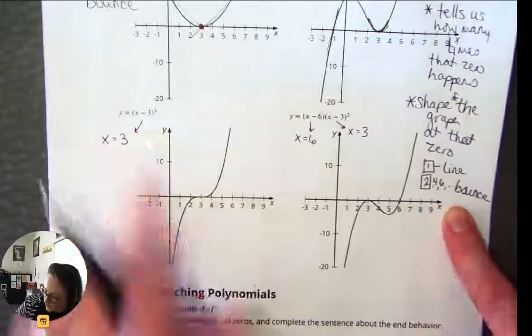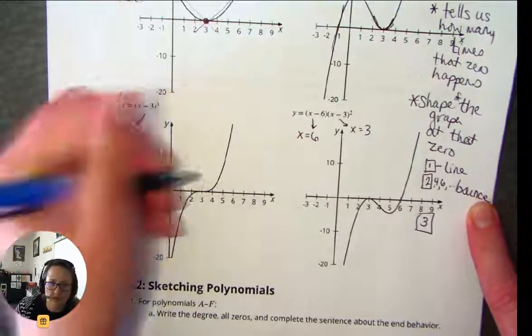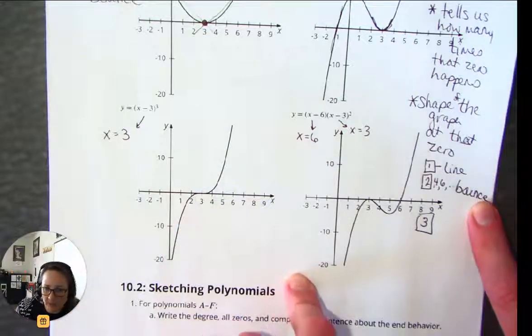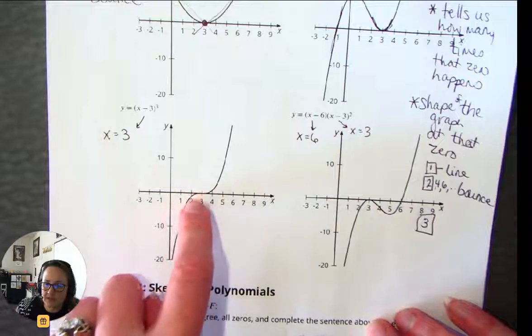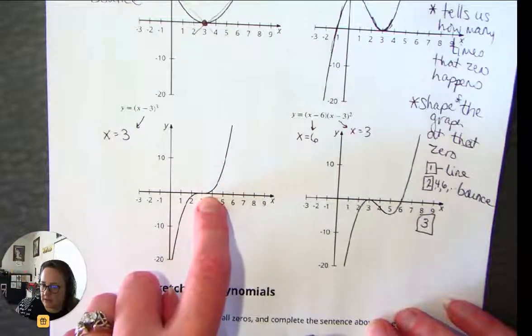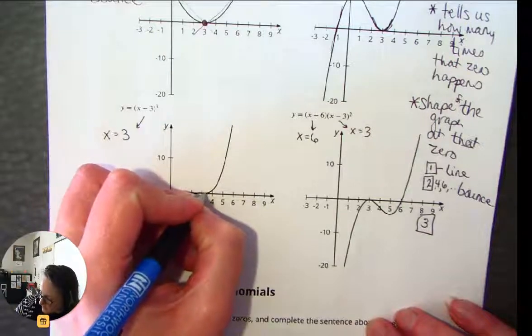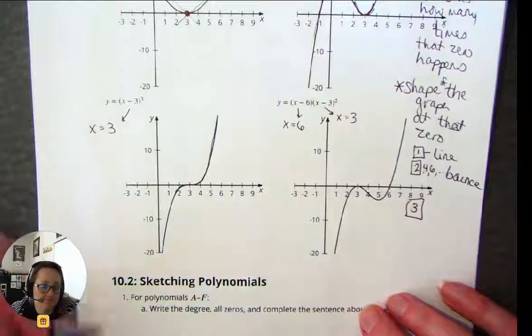Something to the third, it doesn't just go straight through at 3. It doesn't bounce and then go back the way it came from. This one kind of goes here and it hits a little stutter. It kind of pauses, right? You see how it kind of goes horizontal? And then it goes back in the same direction that it was heading anyways.